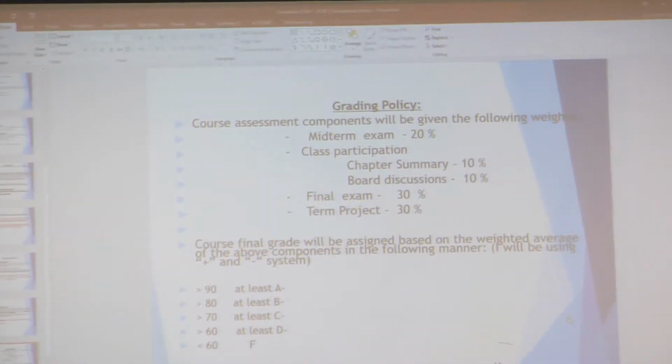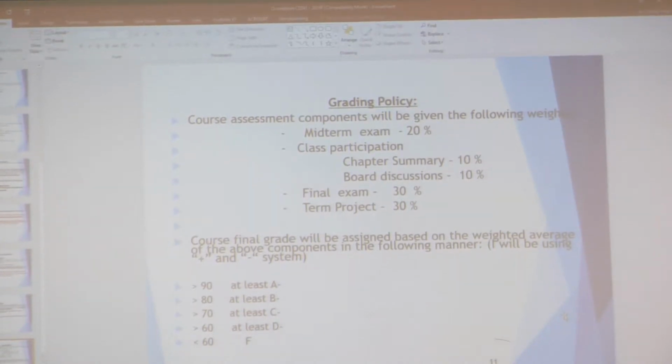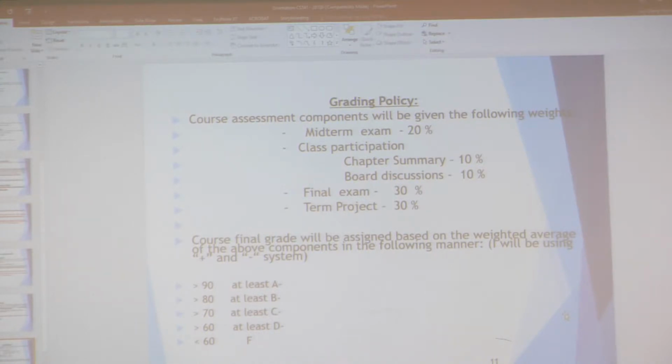So the grading policy is again midterm 20%, final 30%, term project 30%, and class participation 20%, altogether 100%. So how do you get an A? We have a plus-minus system. If you have 90% or above, you get automatically an A minus. At least an A minus, meaning you can get higher.